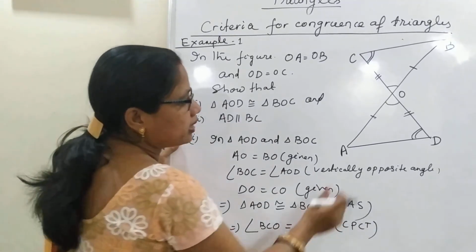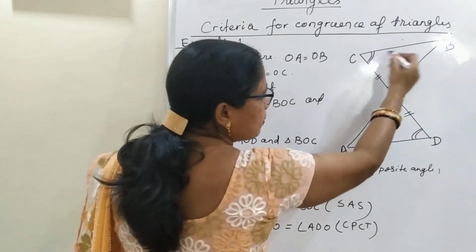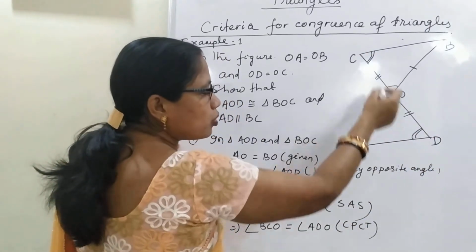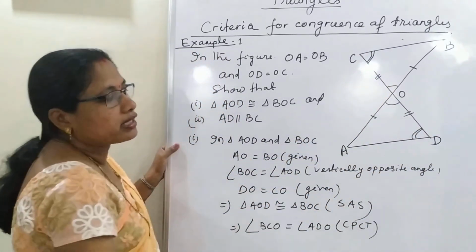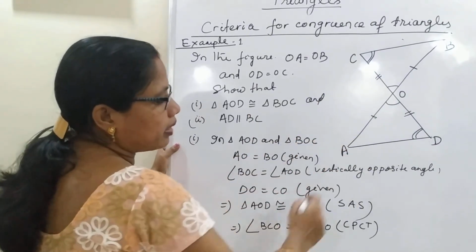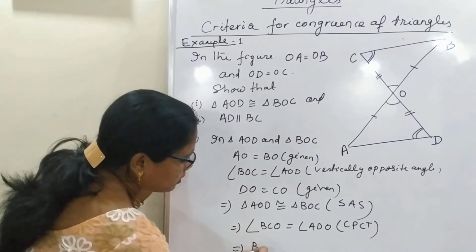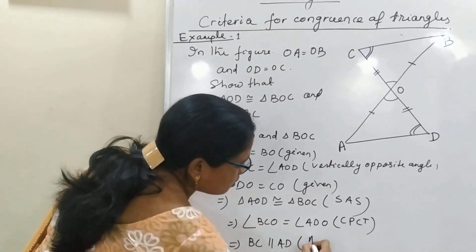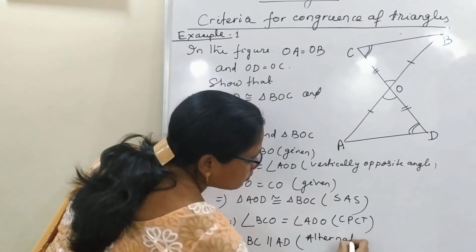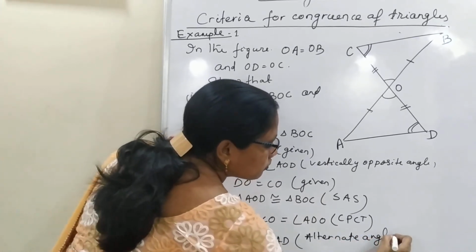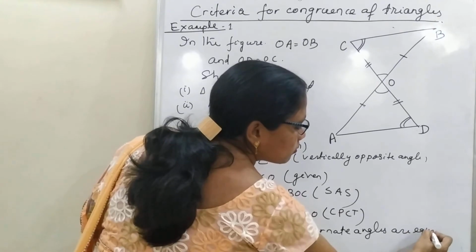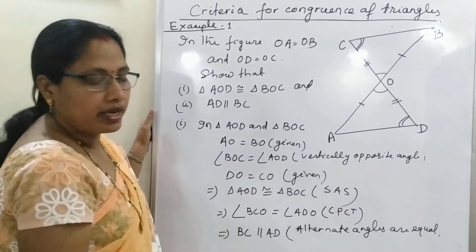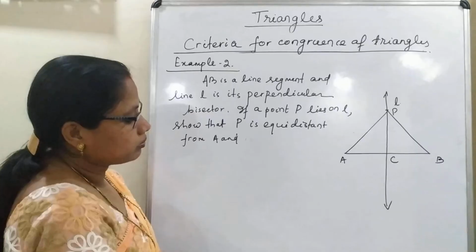These two angles are alternate angles, if BC and AD are two lines and CD is the transversal. We know if the alternate angles are equal, then BC will be parallel to AD. So it is proved. Here we have applied the SAS, side angle side congruence rule.